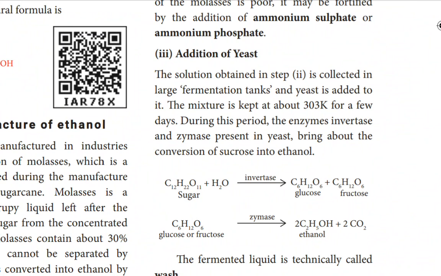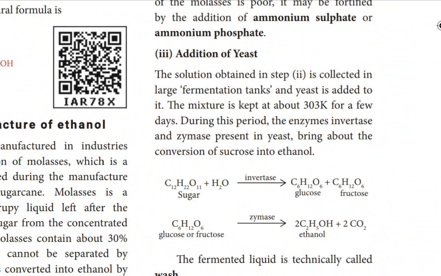The enzyme invertase acts during the fermentation process and converts complex sugar molasses into glucose and fructose. Glucose formula C6H12O6 and fructose also has the same formula C6H12O6. So glucose is a simple form of sugar compared to the sugar molasses.